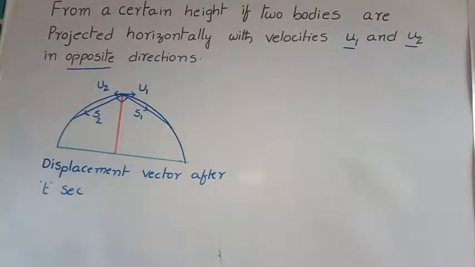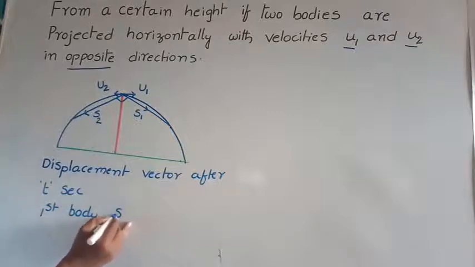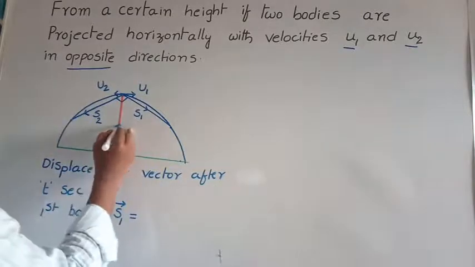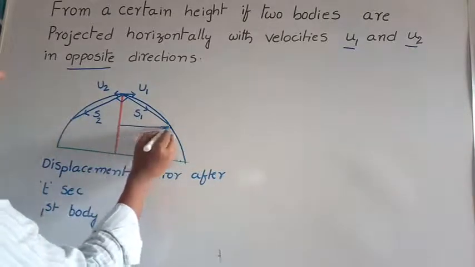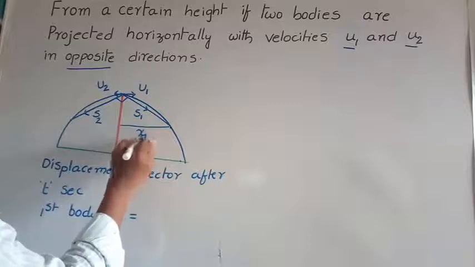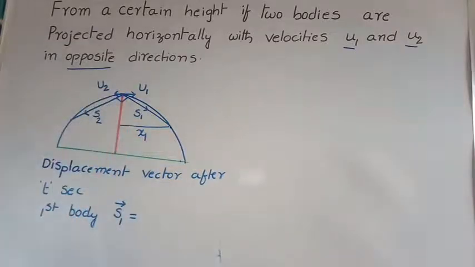First we write for the first body. What is the first body's displacement vector? S1 bar is equal to... now here this is the horizontal distance, taken as x1, and the vertical distance is taken as h1.